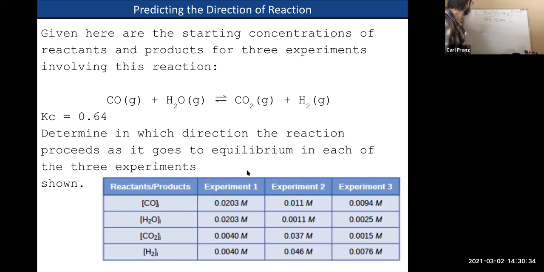Let me erase my concentrations. 0.0015, 0.0015, 0.0076, 0.0094, and 0.0025. Anybody get to number 3?